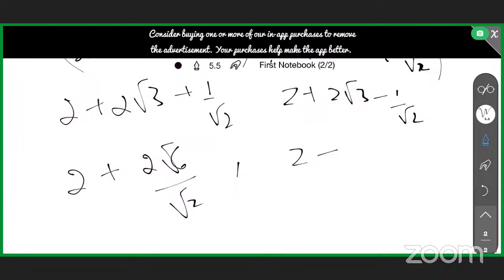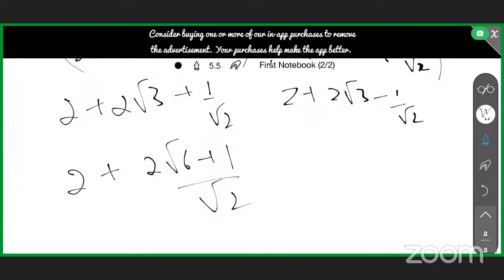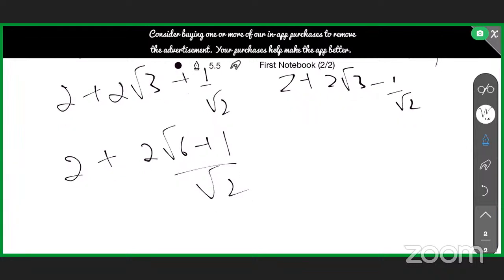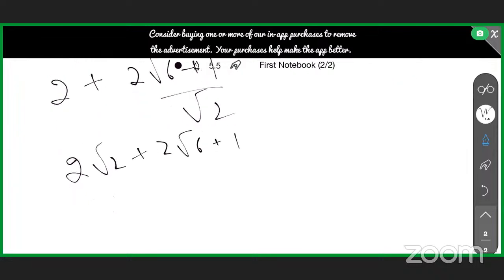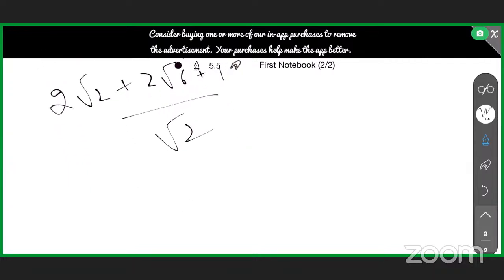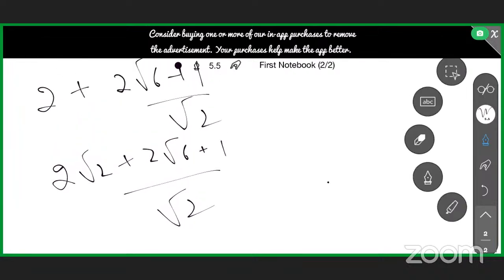Yes, just a minute. There's 2 root 6 plus 1 by root 2. So if I take the entire LCM of this one, 2 root 2 plus 2 root 6 plus 1 by root 2, that will be equal to... this is the last.